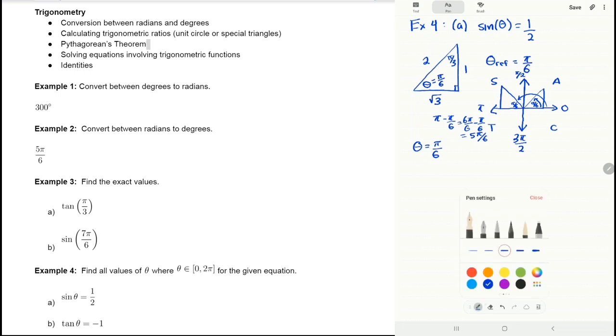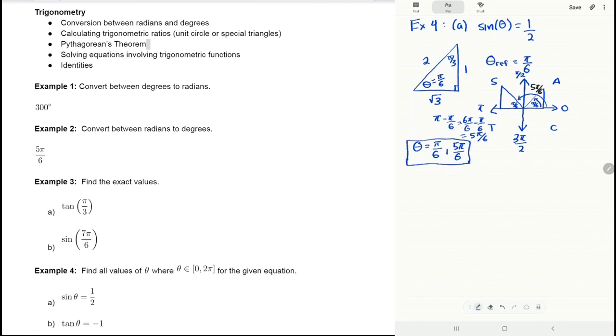So this entire angle is going to be 5 pi over 6. Okay, so the two angles are pi over 6 and 5 pi over 6.